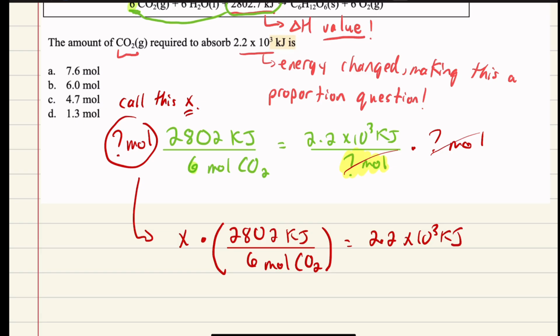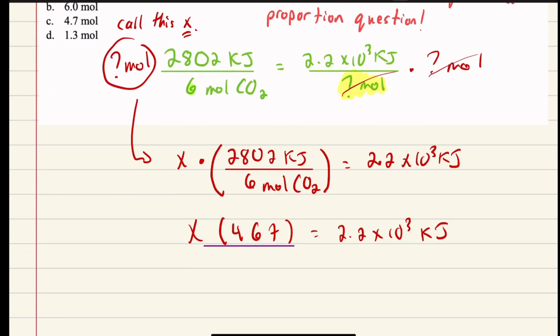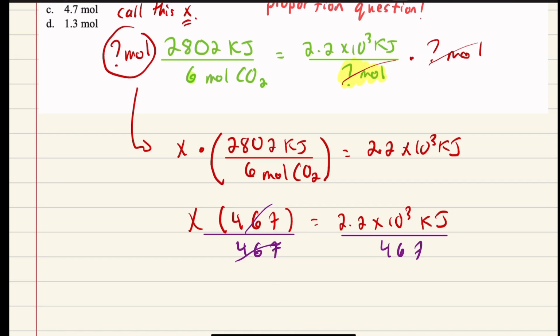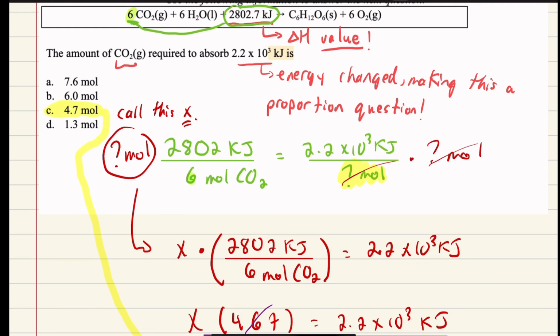We simply simplify the left side of the equation. And when we do that, we divide both sides by 467. We end up with a value of about 4.71 moles. And this makes sense because if the energy is less, then the moles consumed should be less as well, since they must be balanced.